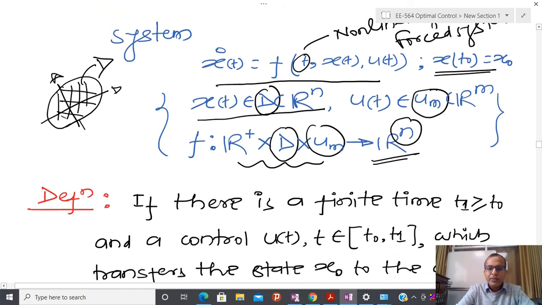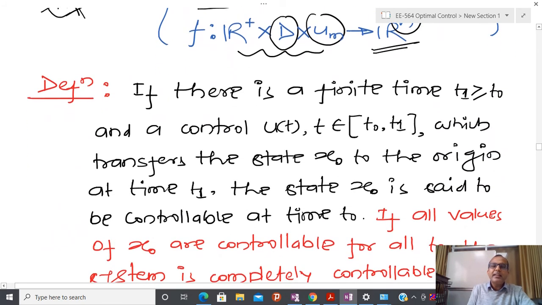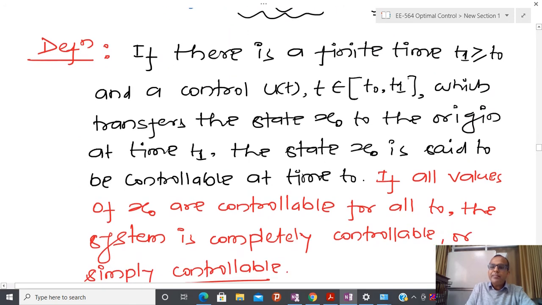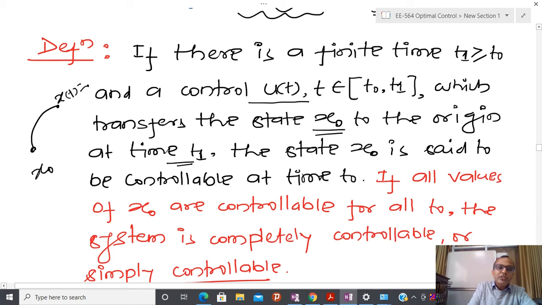So what we are saying is that if there is a finite time t1 and a control which transfers the state x0 to the origin at x1. I have a certain kind of system. Initially I have x0, and I want to move to the equilibrium point, x(t1) equal to 0, in some finite time t1.